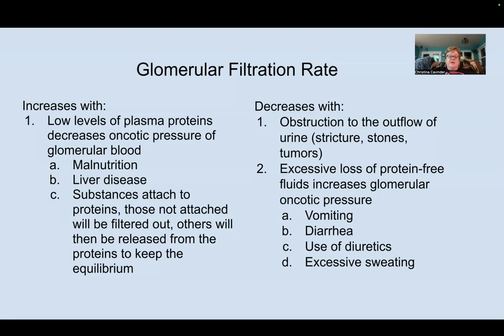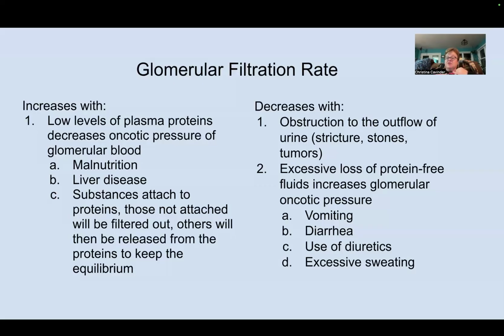It will increase with low levels of plasma proteins, because low levels of proteins decrease the osmotic pressure. So if you don't have many proteins in the bloodstream, then it decreases the osmotic pressure of the glomerular blood. So you have more water than solutes, and more water is going to be dumped into the nephron.